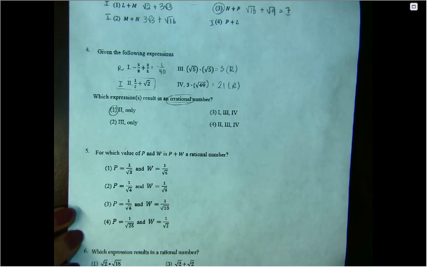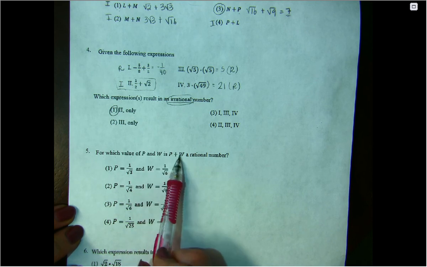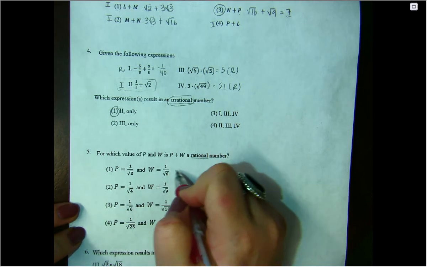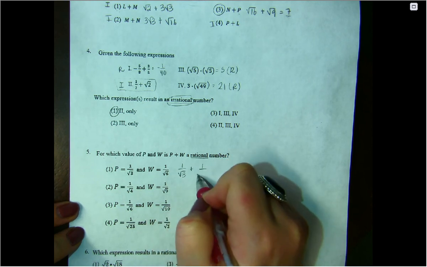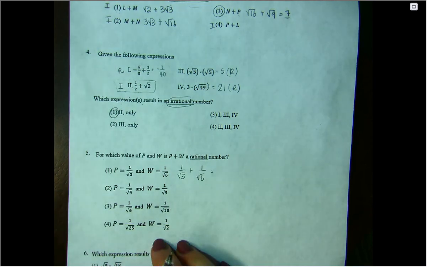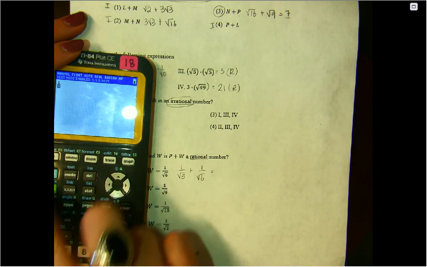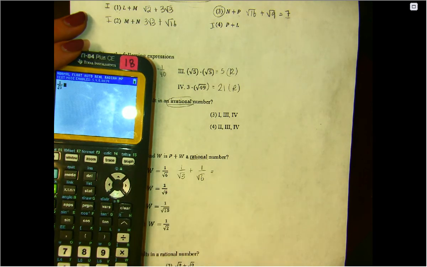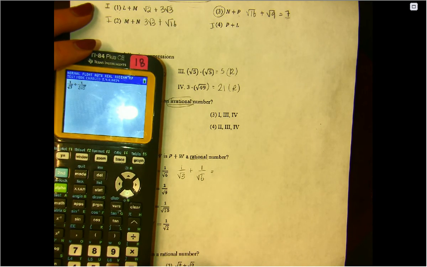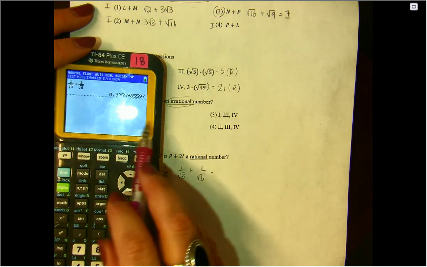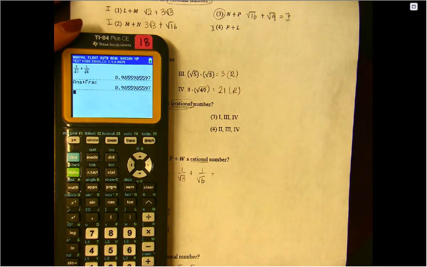All right, same idea here. For which value of P and W is P plus W a rational number? Well, I'm looking at 1 over radical 3 plus 1 over radical 6. What does that give me? Fraction 1 over radical 3, arrow out, plus fraction 1 over radical 6 gives me non-repeating, non-terminating. Math, enter, enter, cannot be written as a fraction.